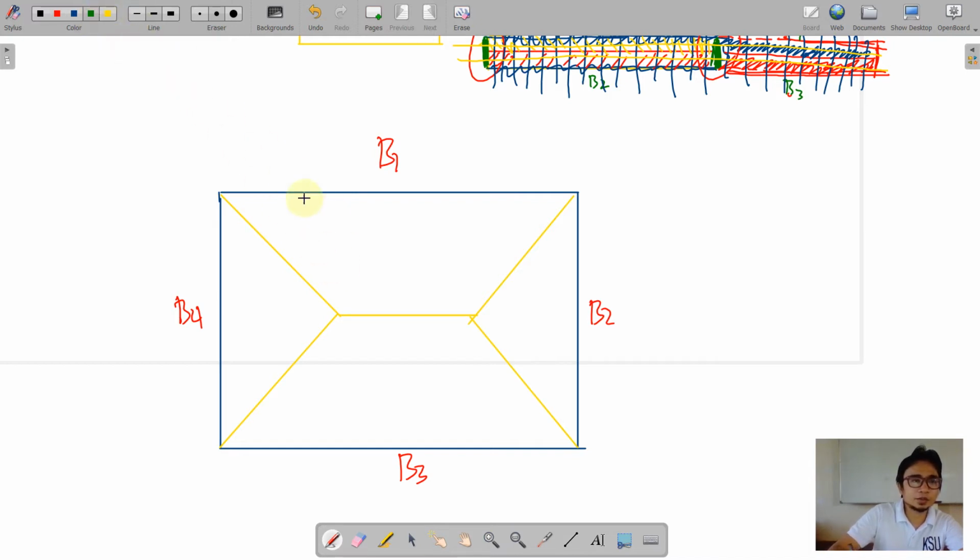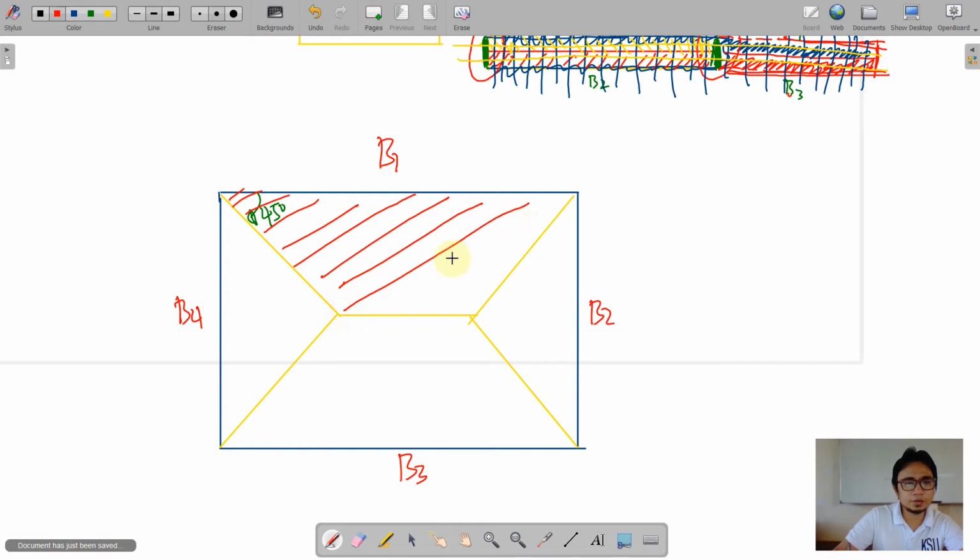So of course, if we have here a 45 degrees, we will now get the area, because this is a trapezoidal area. We shade that one. So this is the trapezoidal area of the shape.